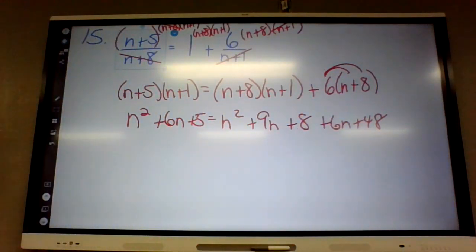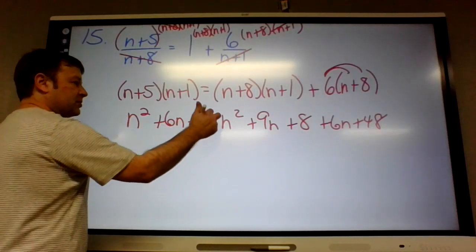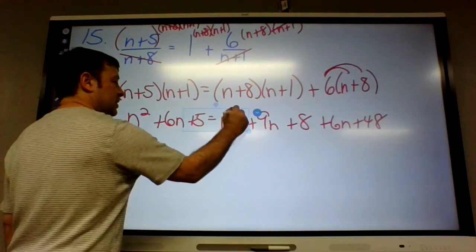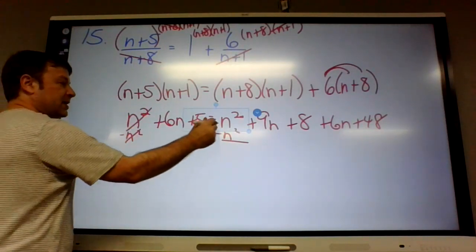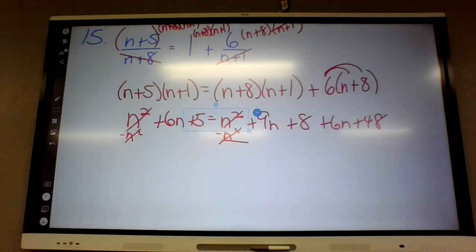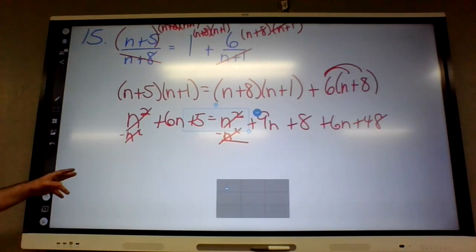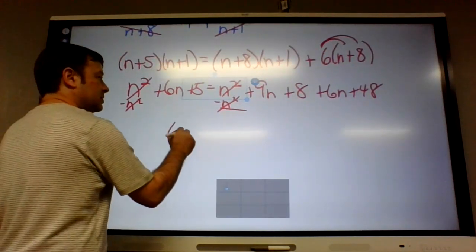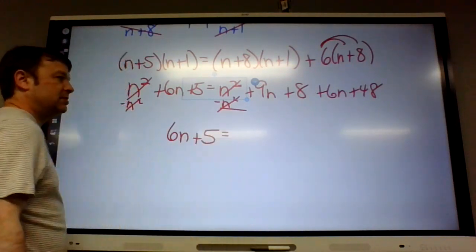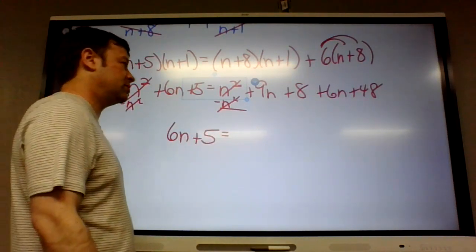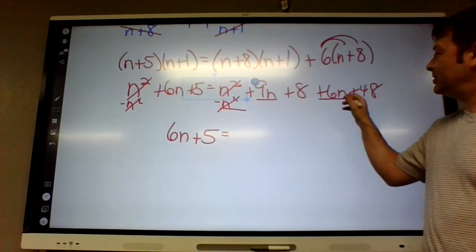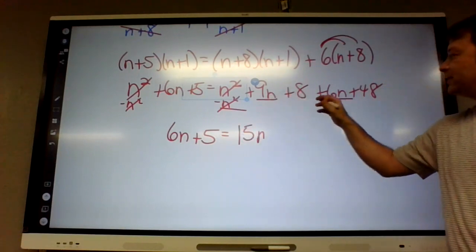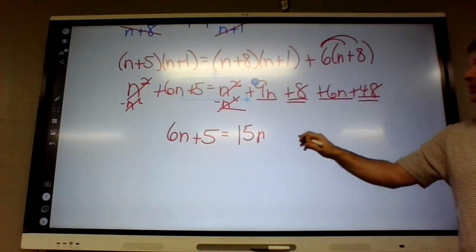Alright, well, this does have n squareds. But what's going to happen with these n squareds? They cancel. If I subtract n squared on both sides, well, that's kind of good news because it gets rid of it. So this is not a quadratic equation anymore, it's just a one variable linear equation. My right side, I'm going to clean it up a little bit, is 15n plus 56.